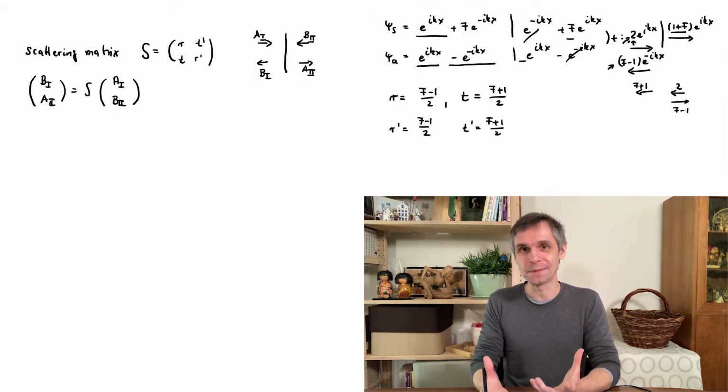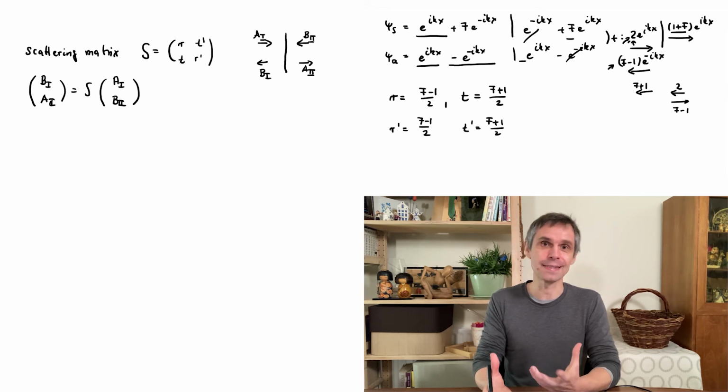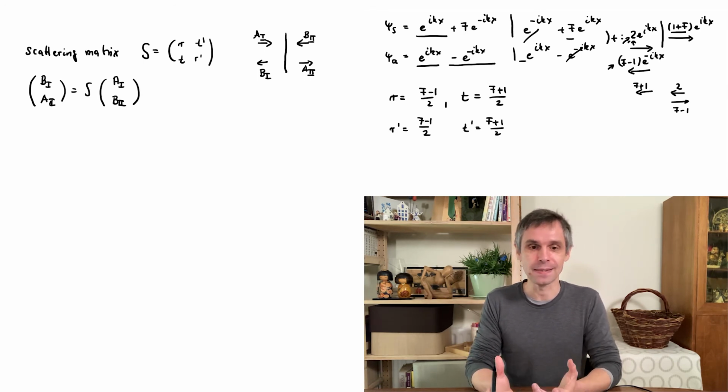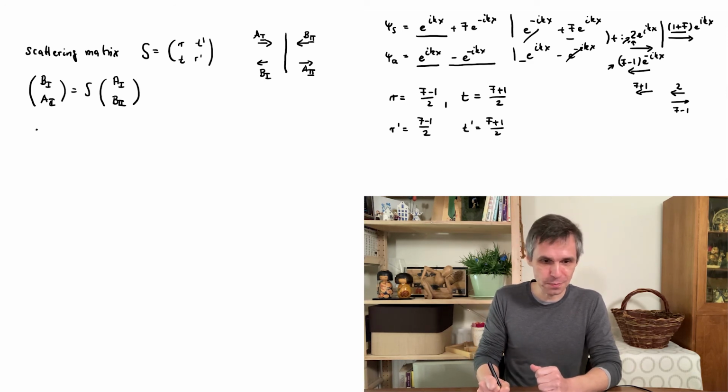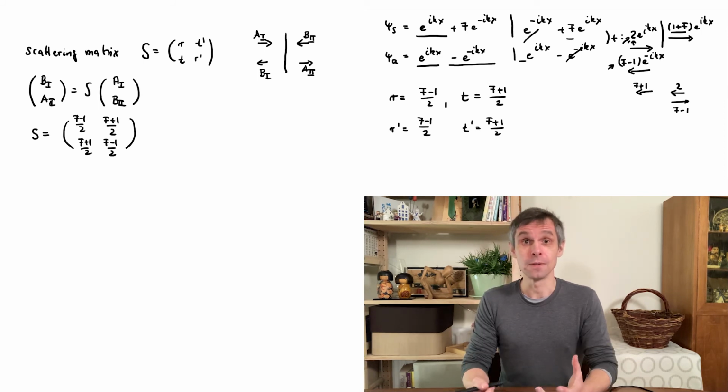And now this is a very fascinating matrix, and I will discuss it in some more detail in the next segment, but let's write it down for this particular case. So for the delta function barrier, this now just takes the following form. Now for this specific problem, the scattering matrix has three useful properties that already illustrate why this is a useful object.